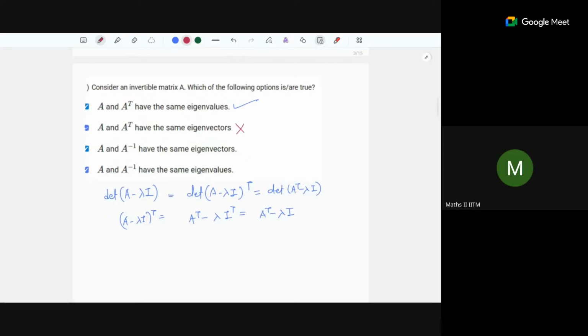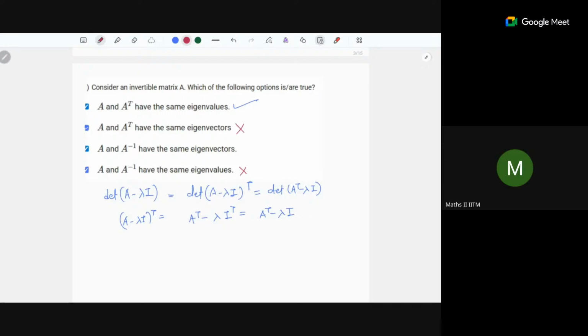So A and A inverse have the same eigenvalues. Is that so? No, the eigenvalue is the reciprocal of lambda, but the eigenvector will be the same.